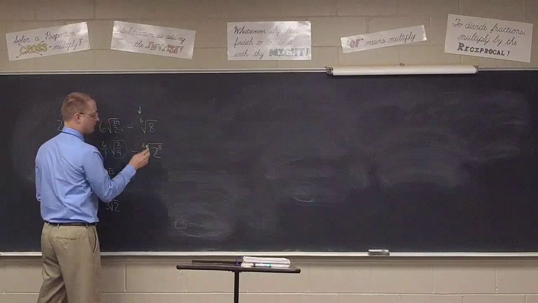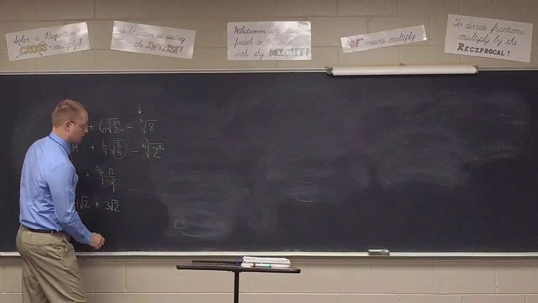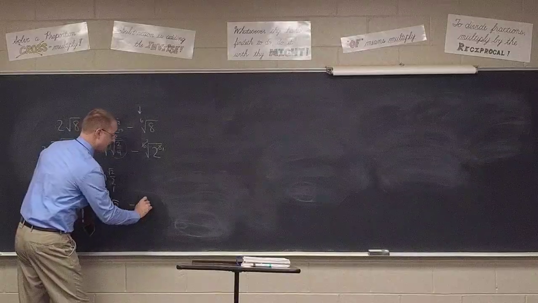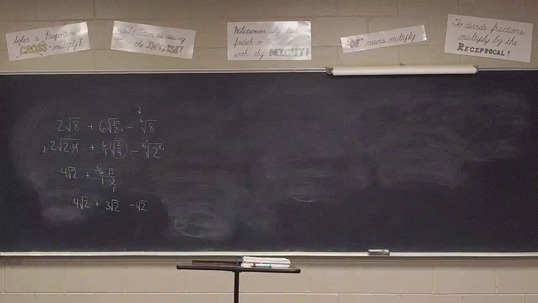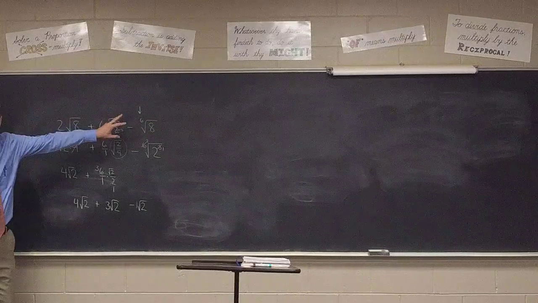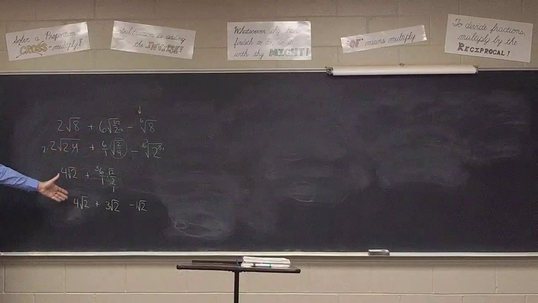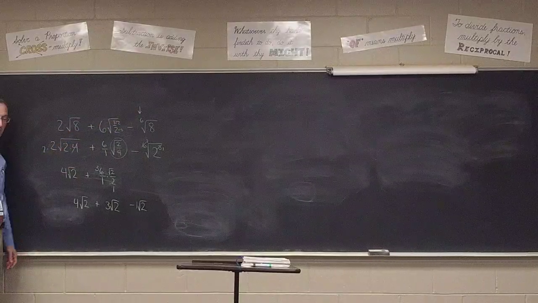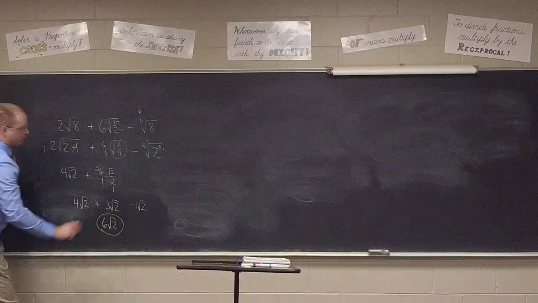So really this whole thing just becomes negative square root of 2. Or we could say negative 1 square root of 2 if we wanted to write a coefficient there. And now, class, that which was a fractional radical and a whole number radical and a 6th root that comes out of nowhere all becomes similar, and we get what for our answer, class? 6 times the square root of 2.